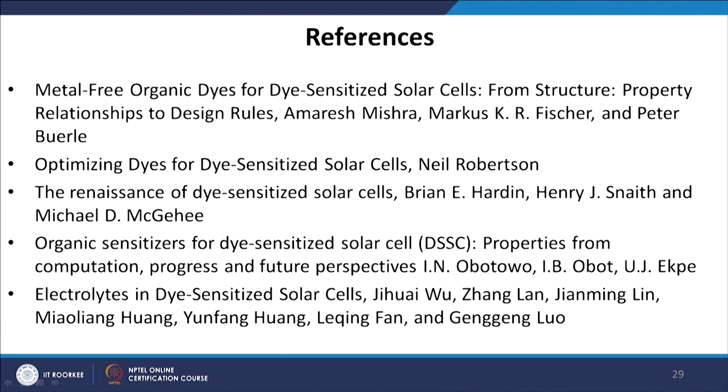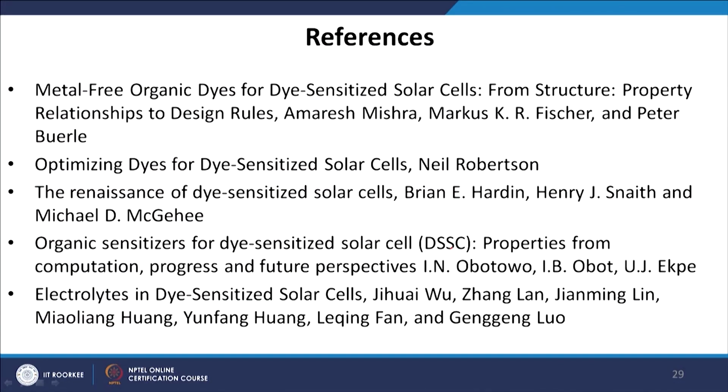Optimizing Dyes for Dye Sensitized Solar Cells by Neil Robertson. Here they have talked about different kinds of dye molecules in the dye sensitized solar cell. The Renaissance of the Dye Sensitized Solar Cell by Smith and Maggie. Organic Sensitizers for Dye Sensitized Solar Cell, DSSC: Properties from Computation, Progress and Future Perspective, and Electrolytes in DSSC, and that was a book by Zhang Lan.